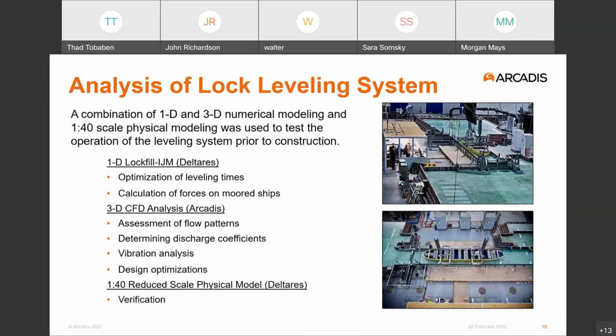And then also, as we shall see, the leveling system itself is quite a complicated array of support structures and other features which are difficult to incorporate into a physical model, but a little easier to incorporate into a 3D numeric model.